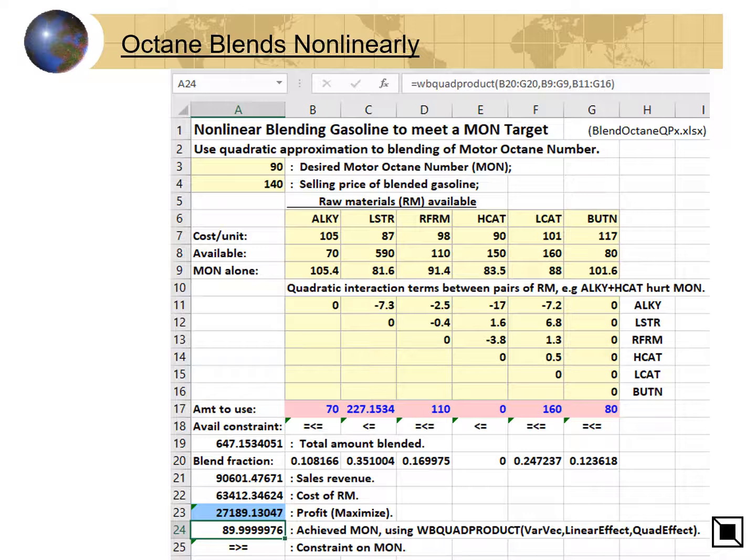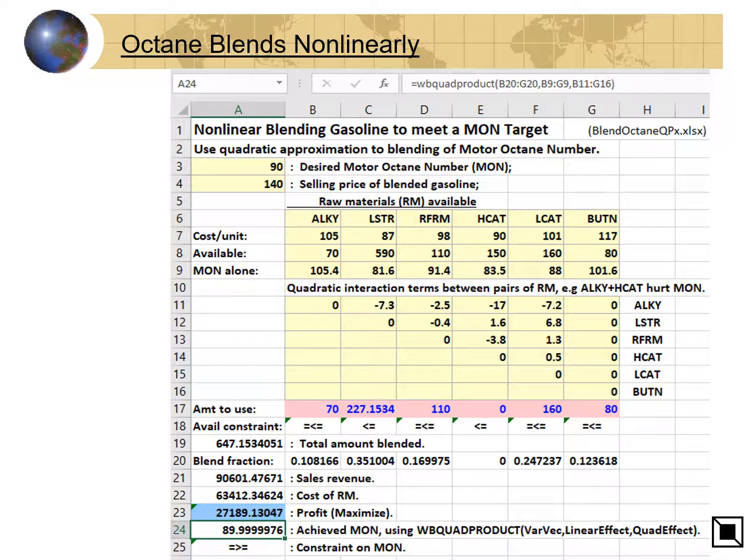The question is, how should we blend our ingredients to achieve this octane rating of 90? We have to pay for the ingredients that we buy in row 7, and we want to maximize our profit while achieving this octane rating and taking into account that things blend nonlinearly.